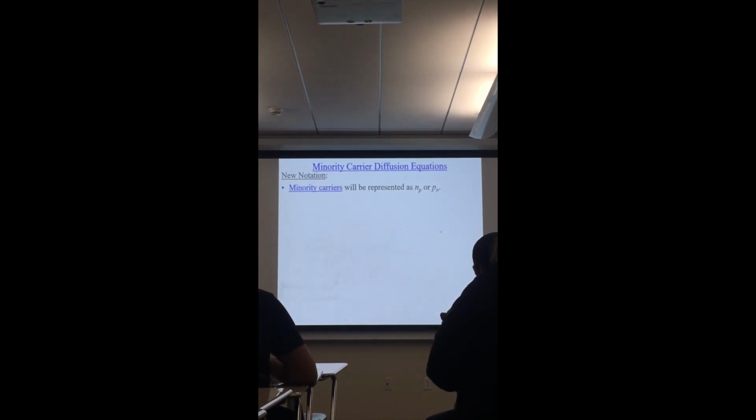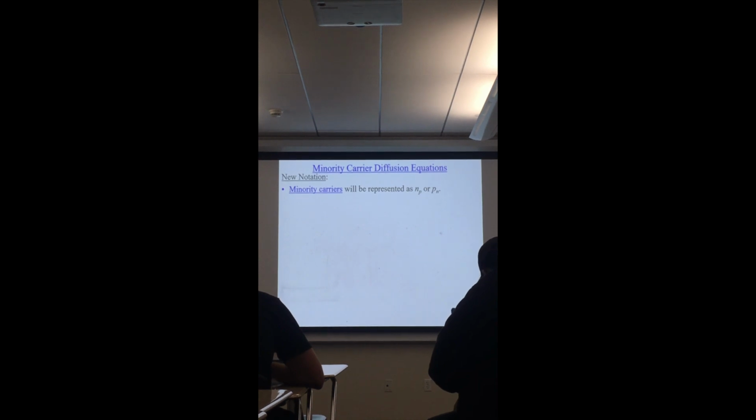Right. So first, let's define some new notations. So for the minority carriers, what are minority carriers? Anyone still remember? I think we discussed that this week or last week.